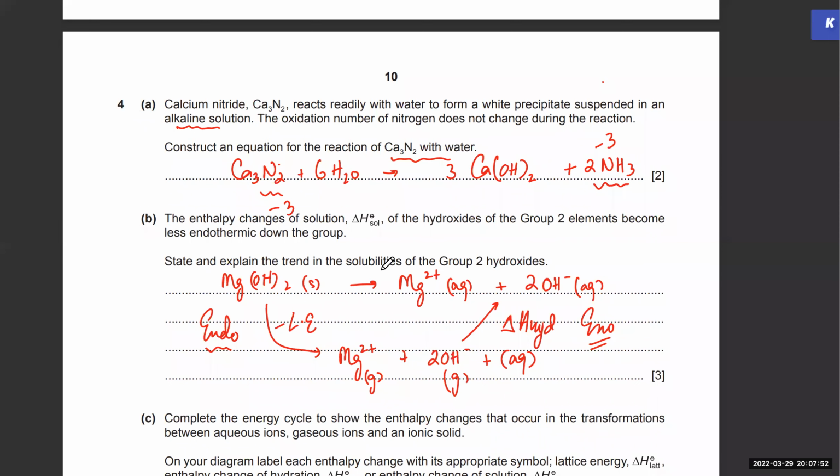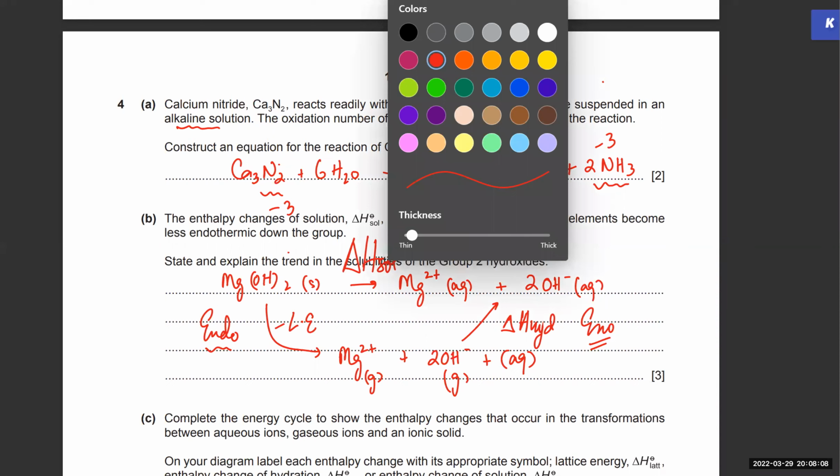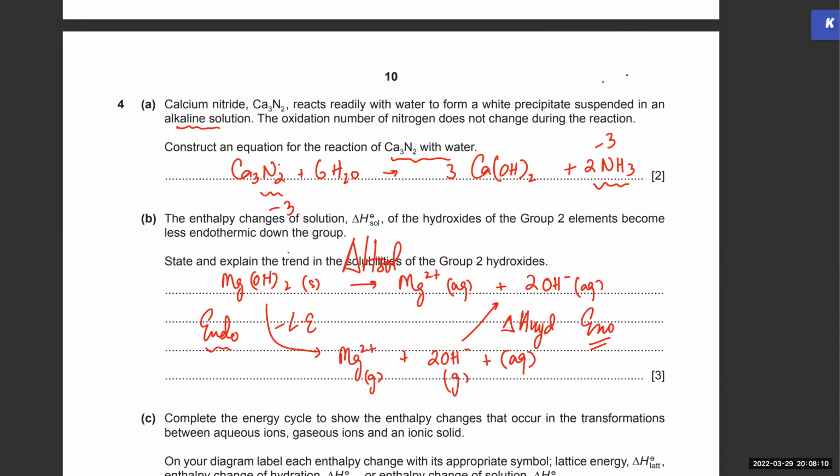So he's saying that down the group, the enthalpy change of solution, this overall thing, is becoming more endothermic. So what happens is, always it's the same answer: down the group, the cationic radius increases.